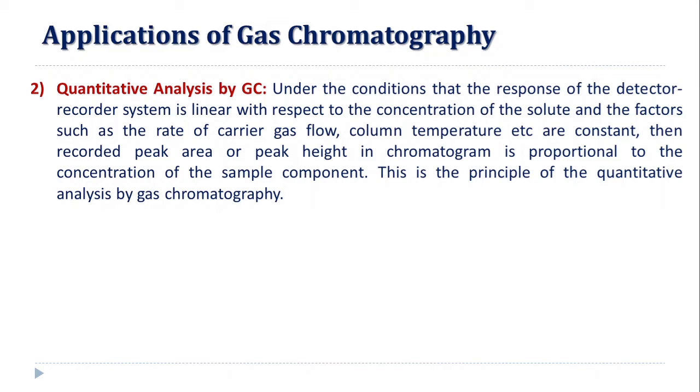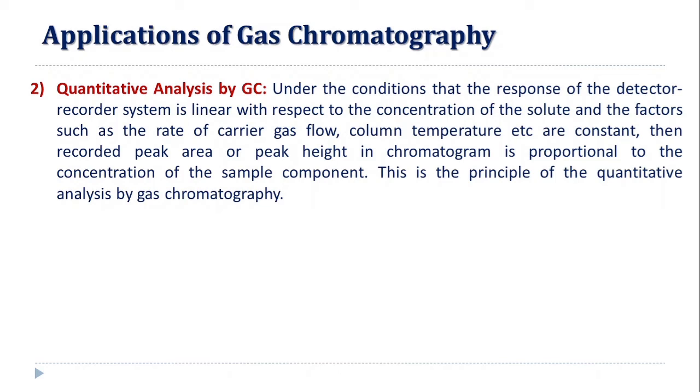So this is the principle of quantitative analysis by gas chromatography. If the rate of carrier gas flow, column temperature as well as the column are constant, then whatever peak area or peak height is observed in the chromatogram is directly proportional to the concentration of the sample components. So this can be used for quantitative analysis.